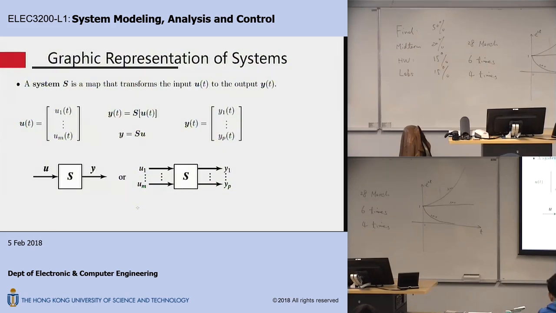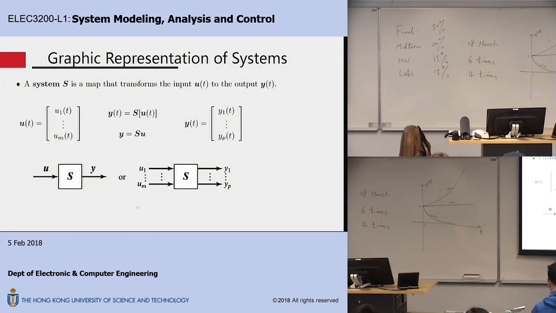And the input-output relation of a system, we write this way. You take a signal and put it in the system, and then the system is going to generate an output.